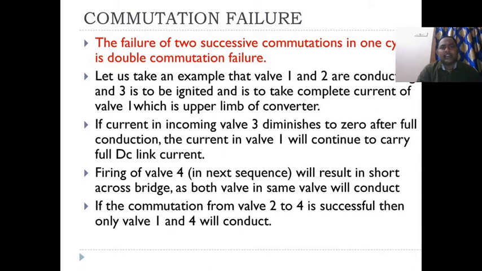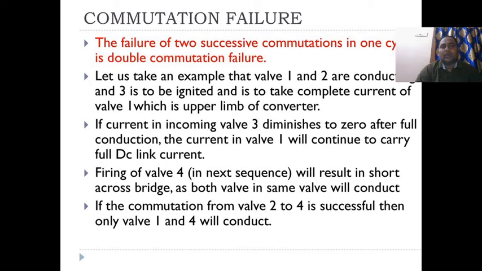Let us take an example where valves 1 and 2 are conducting and valve 3 is to be ignited to take the complete current of valve 1, which is in the upper limb of the converter. Normally, in a 6 pulse converter, valves 1, 3, 5 are in the positive limb and valves 2, 6, 4 in the negative limb.